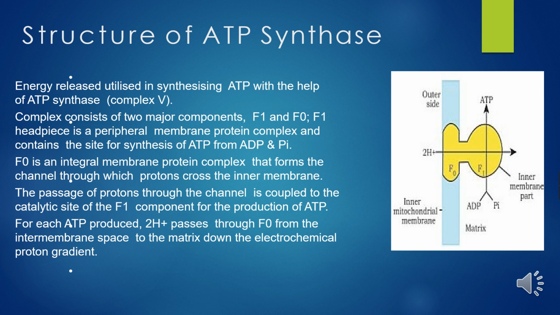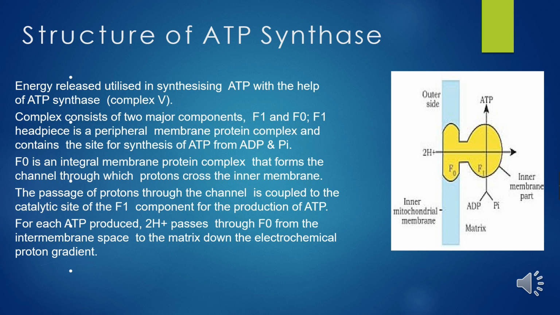This complex consists of two major components, F1 and F0. F1 is headpiece, is a peripheral membrane protein complex and contains the site for synthesis of ATP from ADP and pyrophosphate. F0 is an integral membrane protein complex that forms the channel through which protons cross the inner membrane.